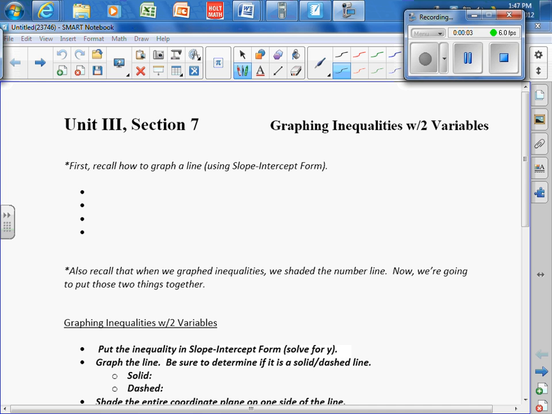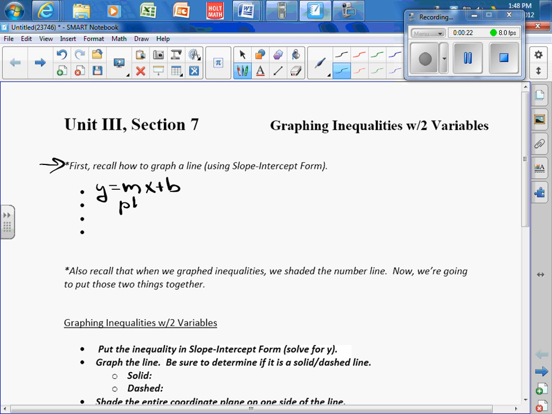All right, so here we are with Unit 3, Section 7, graphing inequalities with two variables. If you recall, when we graph a line using slope-intercept form, we want to make sure we have y equals mx plus b. Make sure the equation is in slope-intercept form.